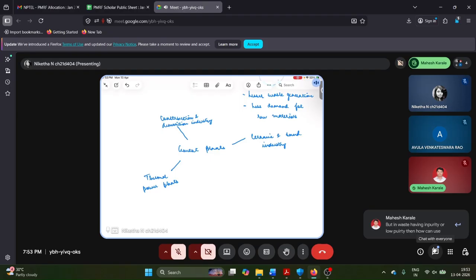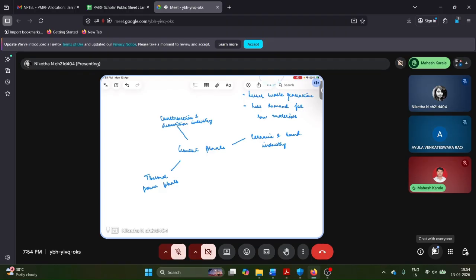Yeah, just coming to it. So fly ash generally has a lot of impurities. So in that case, the fly ash needs to be treated. It needs to be stripped of impurities. So in case there is a high chance of impurity, then the fly ash cannot be used. So after sorting the impurities away from the fly ash, that can be given back to the cement plant.